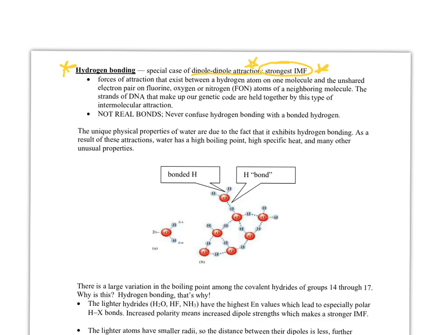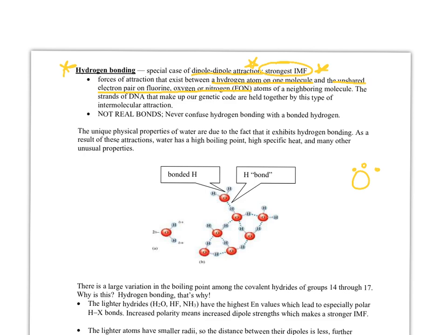So the forces of attraction in this case are specific, and so it's still a dipole-dipole. So it's a hydrogen atom on one molecule that's attracted to the unshared electron pairs on fluorine, oxygen, or nitrogen atoms. So for example, with water molecules, I'm going to draw just a water molecule.